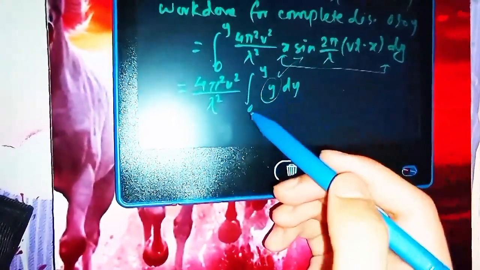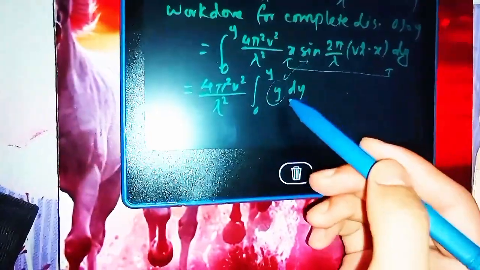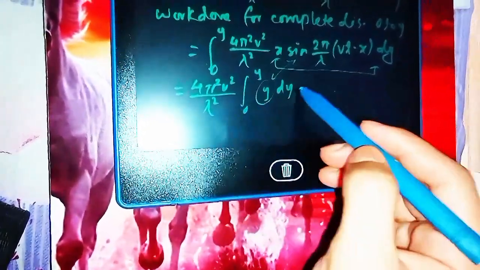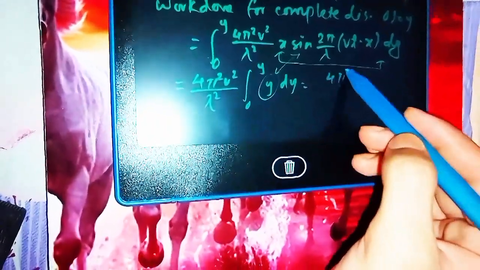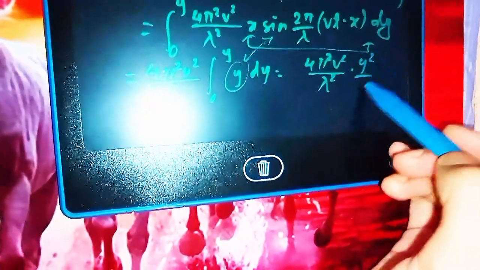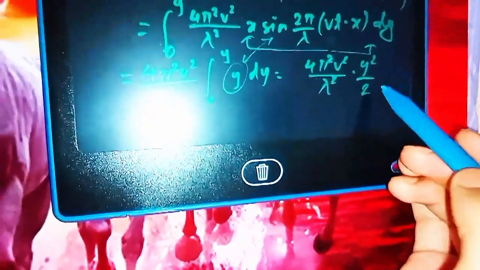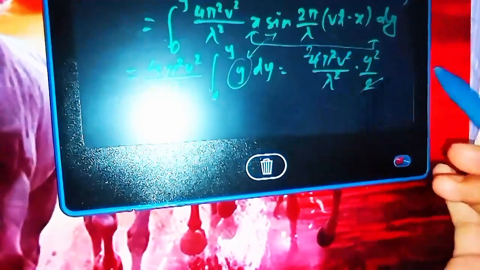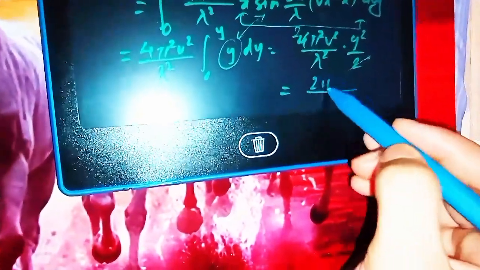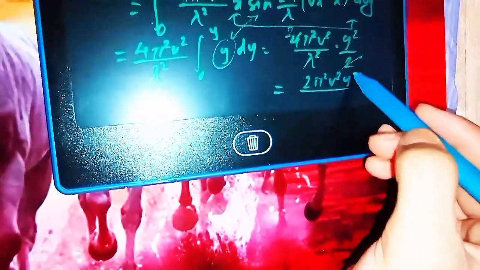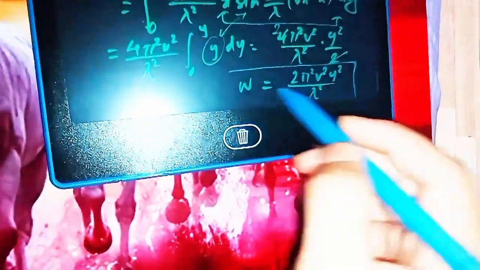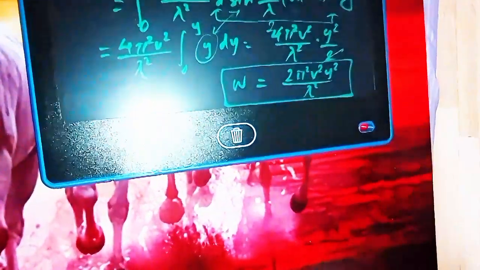Integration of y from 0 to y is y²/2, so it will be 4π² v² by λ² into y²/2. Now 2 times 2 is 4, so it cancels out, and we get the expression 2π² v² y² rho by λ². This will be the work done for the complete displacement from 0 to y.